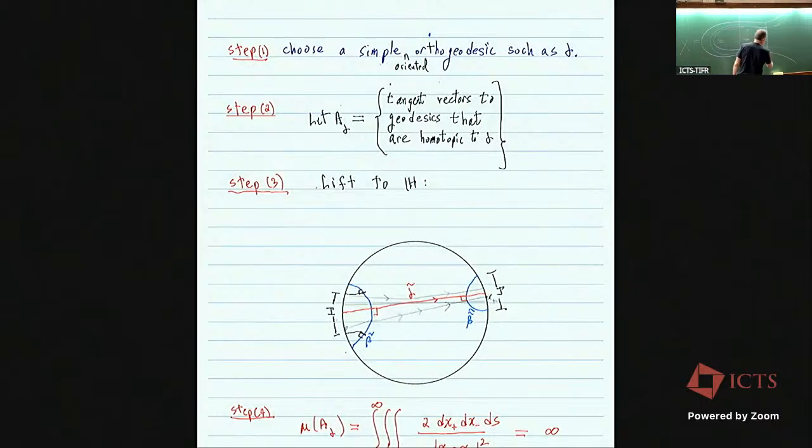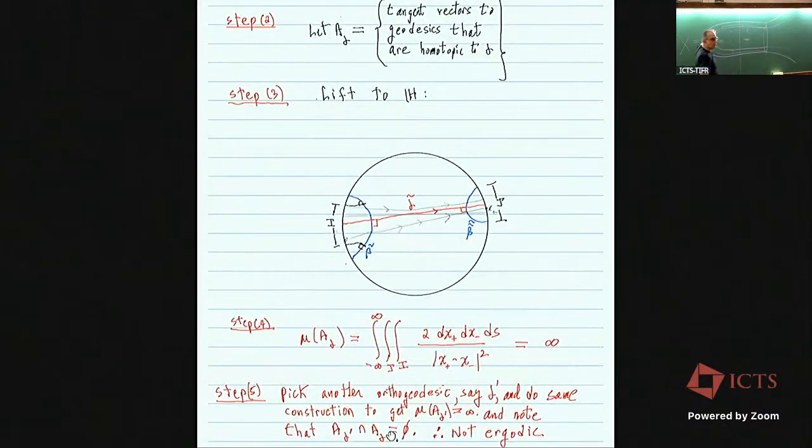And then once they go into the funnel, they can't come out. So there's a whole family of these geodesics, and they sort of make a little band around here.